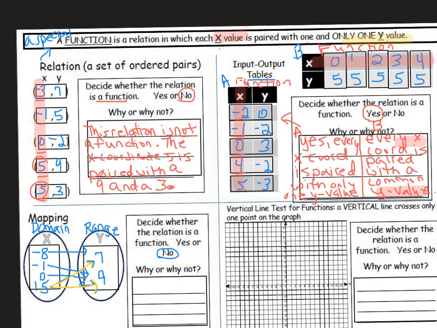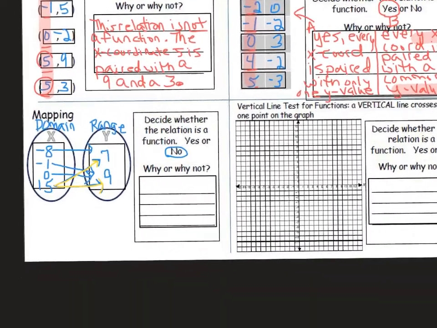Because x has 2 assigned y values from 15, okay? 2 arrows are pointing at that. So let's go ahead and write that down.